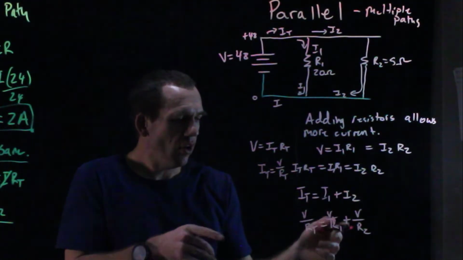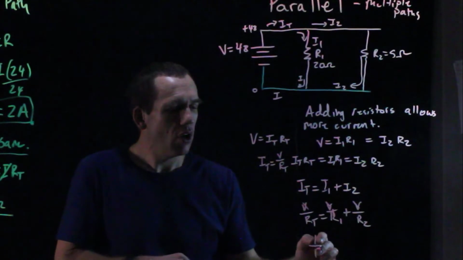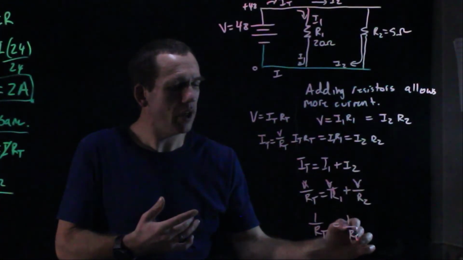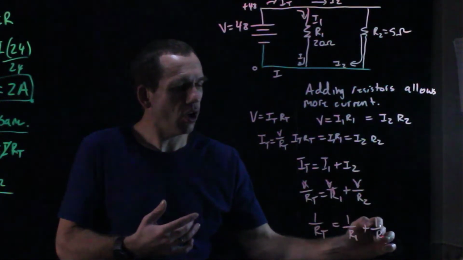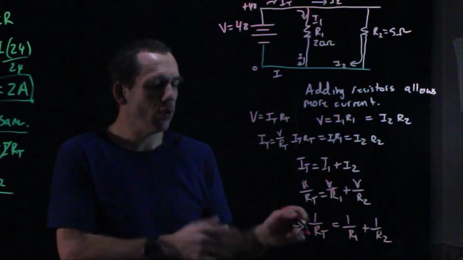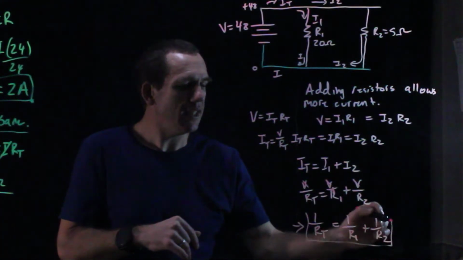And voltage is everywhere the same, so I can cross those out, and I have 1 over RT, the total resistance, equals 1 over R1 plus 1 over R2. Now, this is really weird because that's not total resistance, it's the reciprocal of total resistance. So let's see how we deal with that.